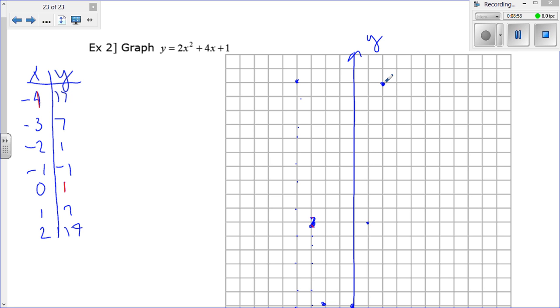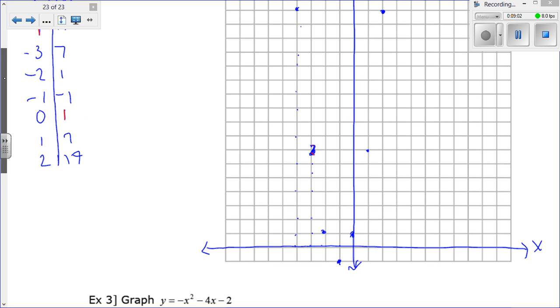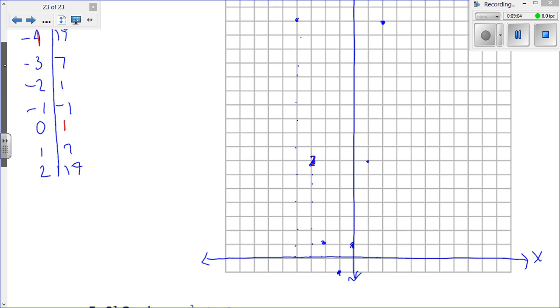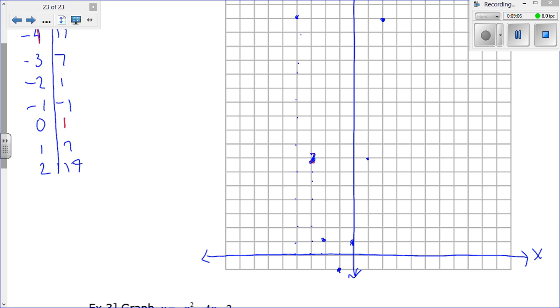Again, do your best to connect all the points with a smooth curve. We do not use a straight edge while we are graphing parabolas except to draw the axes.